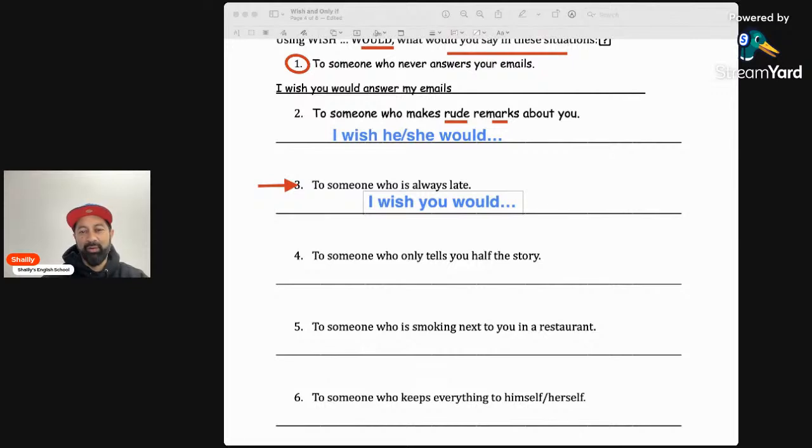Or maybe they're always slow. So remember this one here, whenever you're using "would," that means we're telling them you wish something would happen or stop happening.